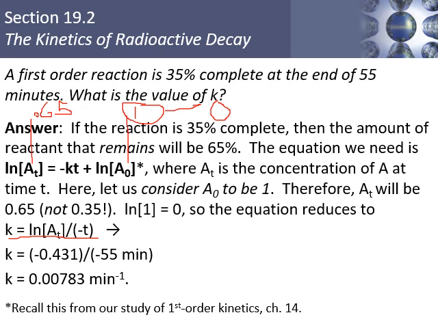And there's also another negative in the formula, so that's where that one came from. Then just multiply these out and you get k is 0.00783, and the units would be minutes to the minus 1, which is what we need. Next slide.